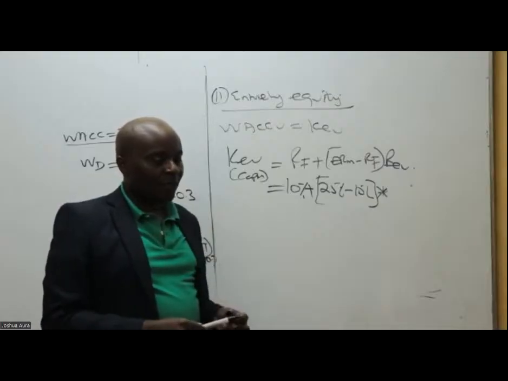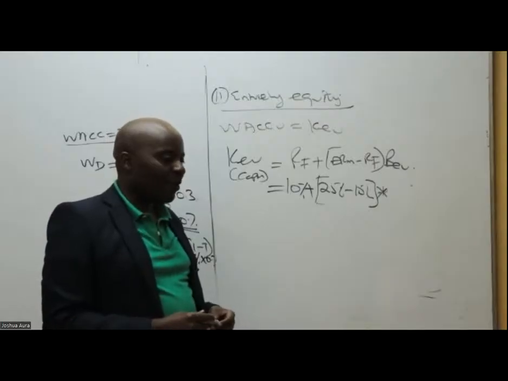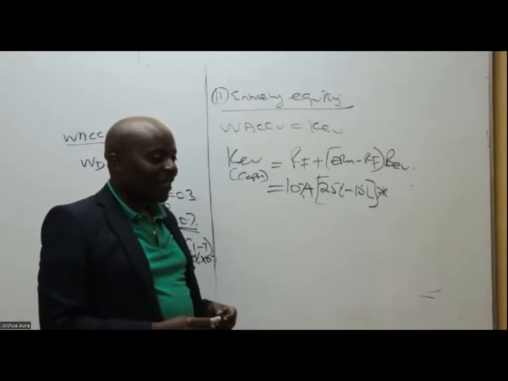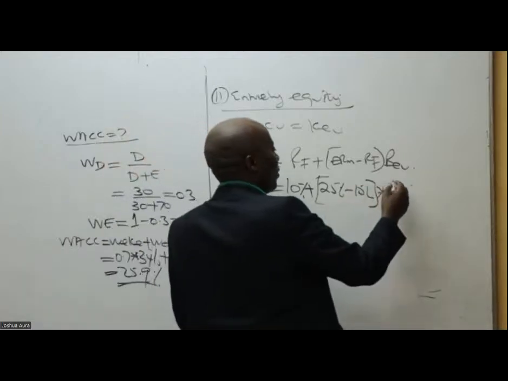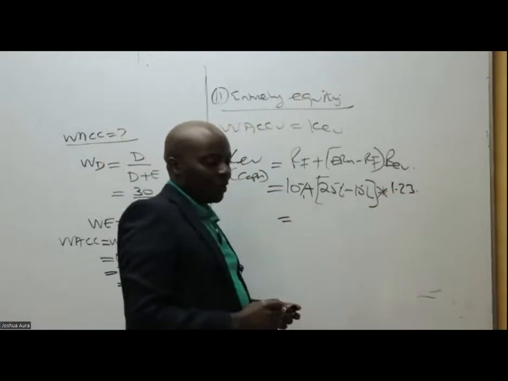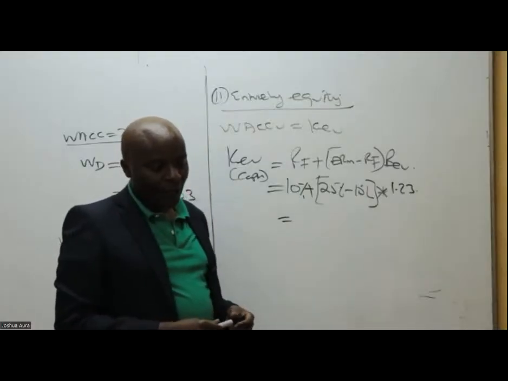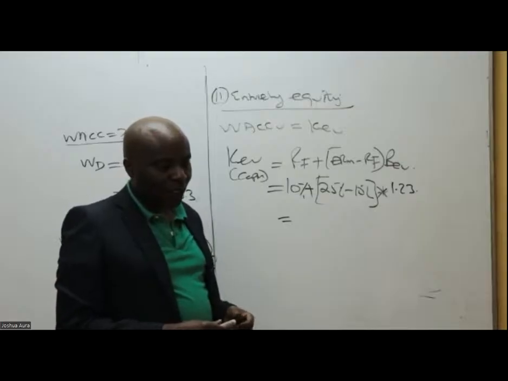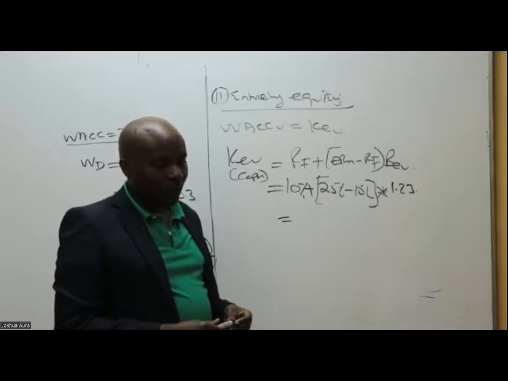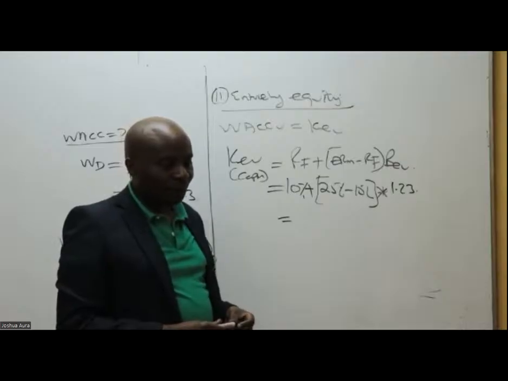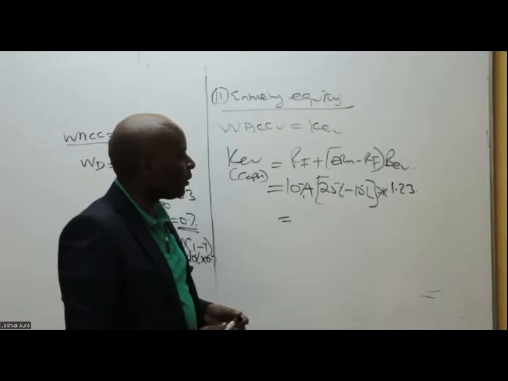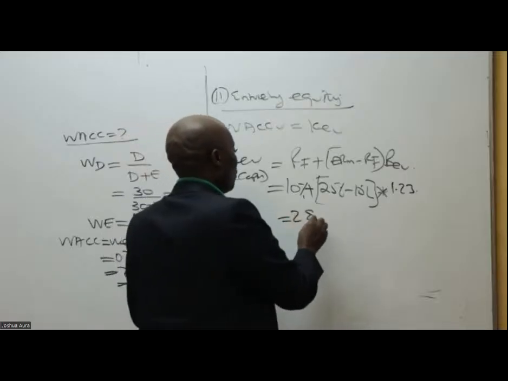Is there somebody who can remind us what beta was? Now, give me the final answer. Could you kindly give me an answer, somebody here? The final answer is 28.45. Thank you so much.